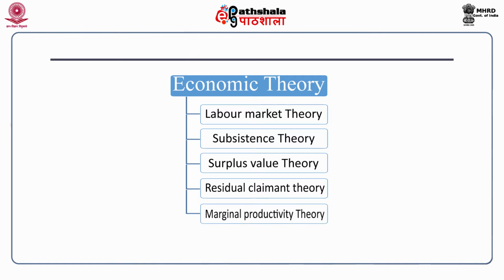Theory of marginal productivity states that compensation is the estimate made by the entrepreneur about the value created by the marginal employee. Therefore, this theory also suggests that compensation depends on demand and supply of the workforce.